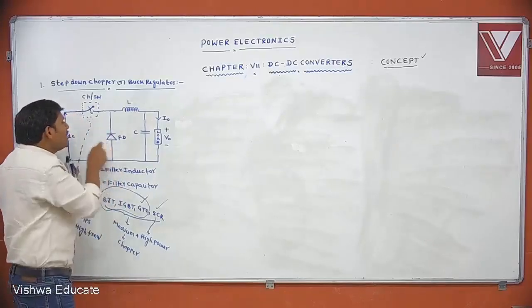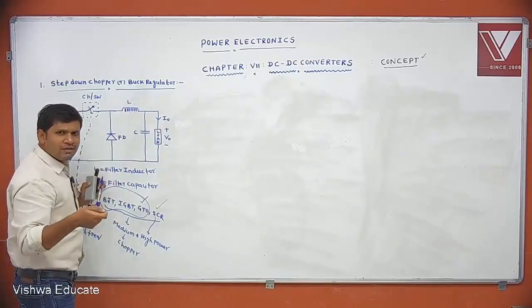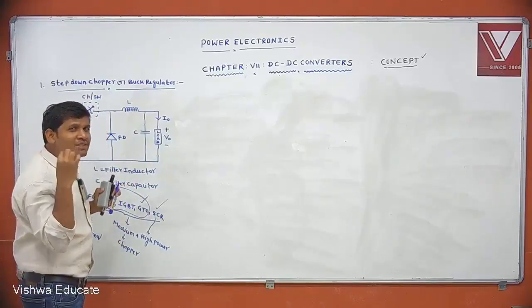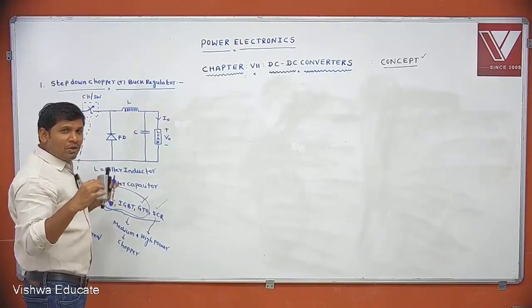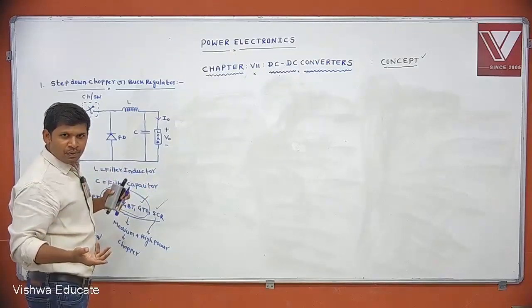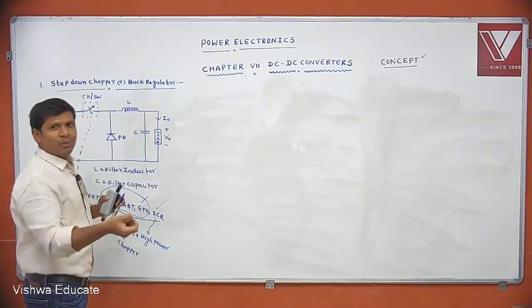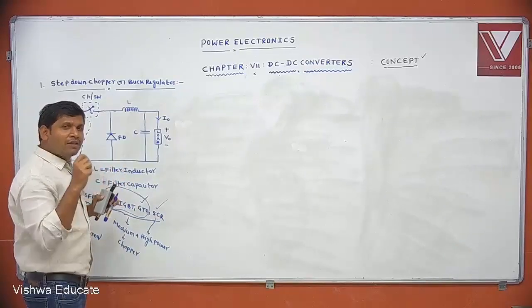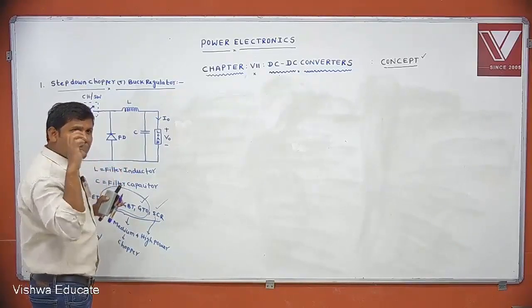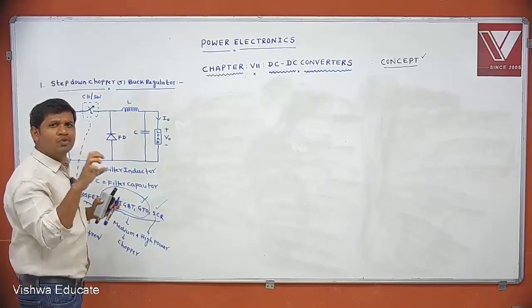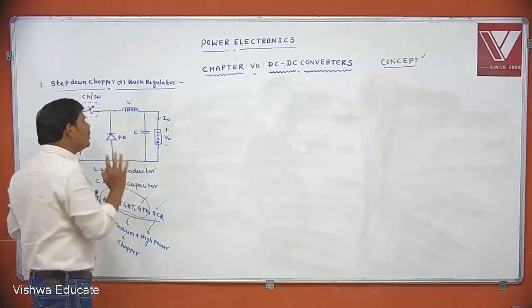If the inductor is in the middle, then it is a buck boost regulator. Why I am telling this is, in GATE also, the questions don't mention the type of chopper. They will give some data or some circuit. By seeing that circuit, how to identify whether it is a step down chopper, step up chopper or up down chopper, you remember this point.